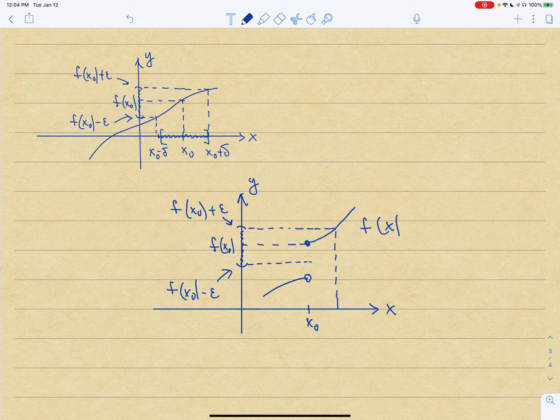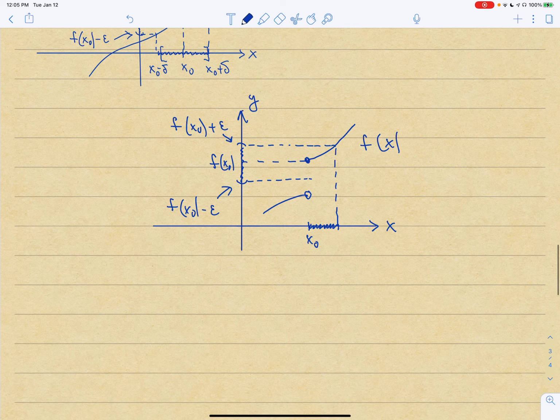And so that means that x has to be inside this interval in order for us to satisfy the condition that the difference between f of x and f of x0 is less than epsilon.